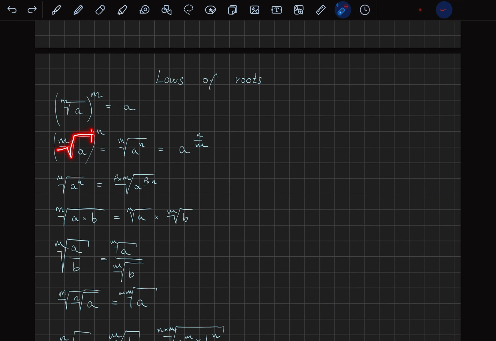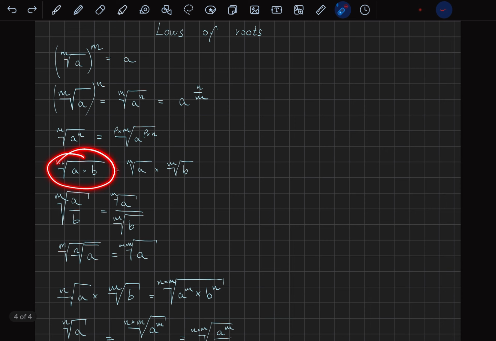The mth root of a to the power n, we can basically just write the n under the power. Okay, and write this. If I multiply the root, then I also need to multiply the power under the root, and it will not change the value of the question.